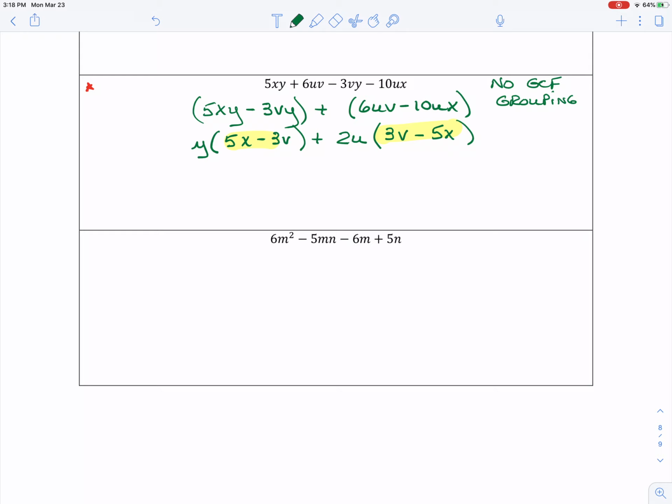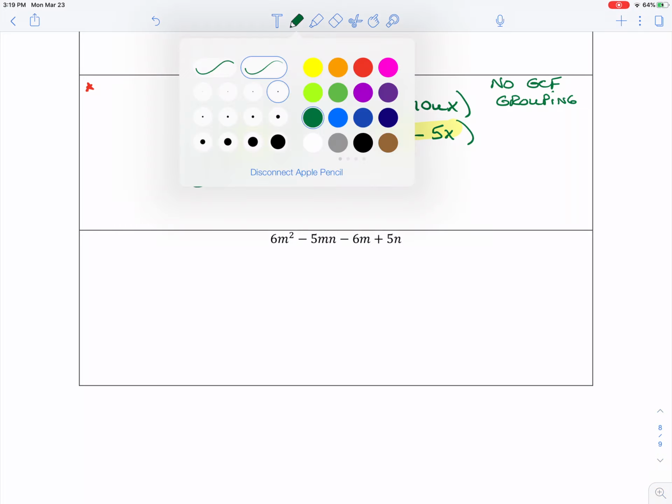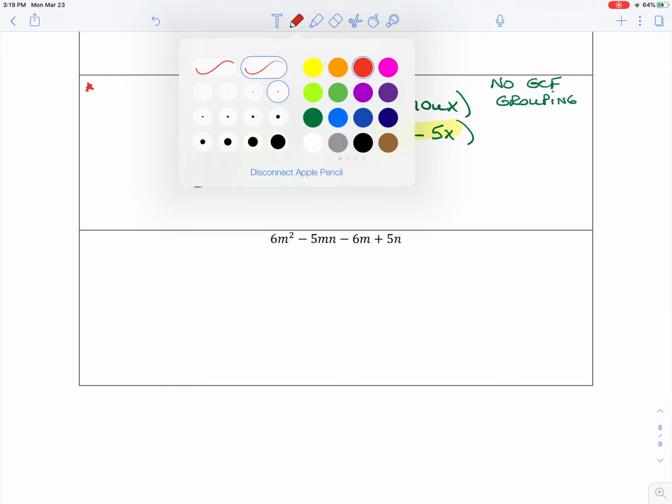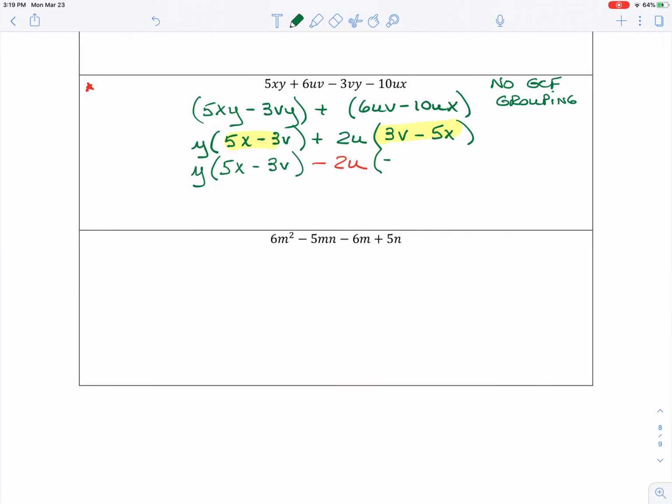So I think what I'm going to do is go back and write one more line here. And instead of pulling out a positive 2u, I'm going to pull out a negative 2u. And the effect of that, remember, is to reverse the signs. And now I have parentheses that match, so I'm happy. They're in reverse order, but they still match. The positive is with the 5x and the negative is with the 3v.